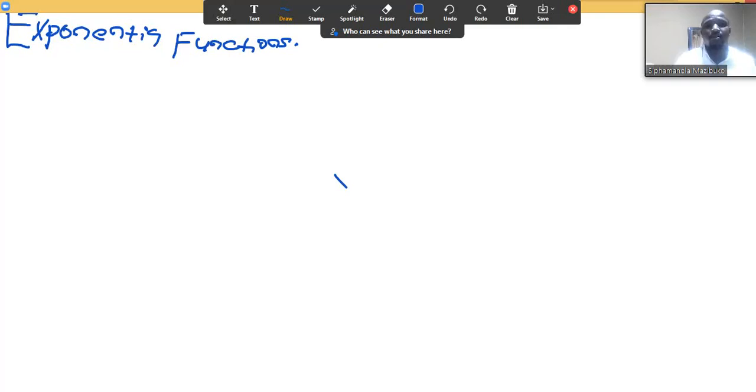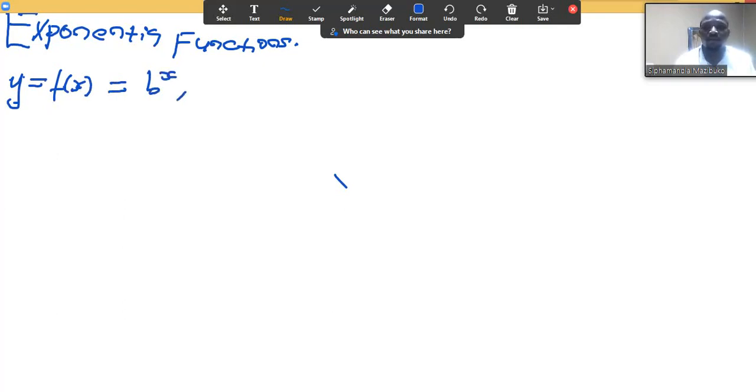Hi guys, today we're looking at exponential functions, or exponential graphs. The normal format for these graphs is y equals f(x).